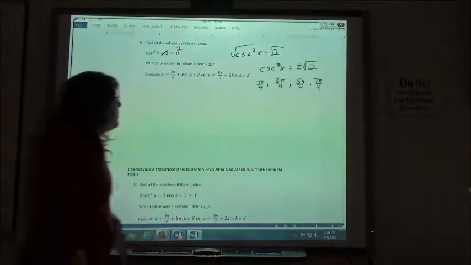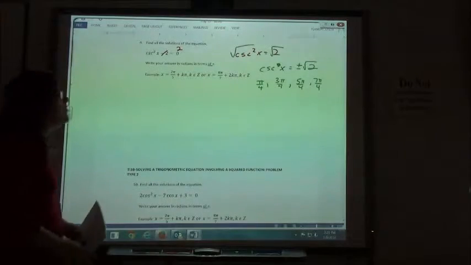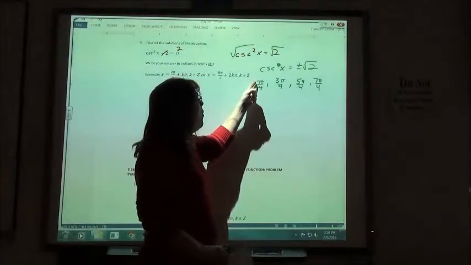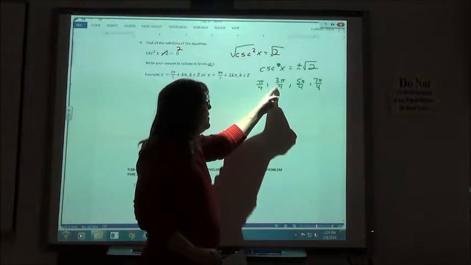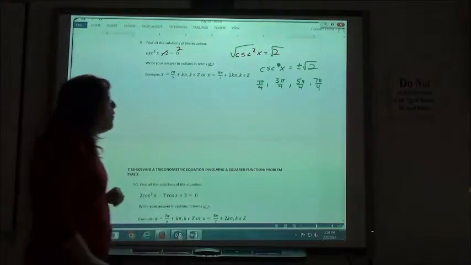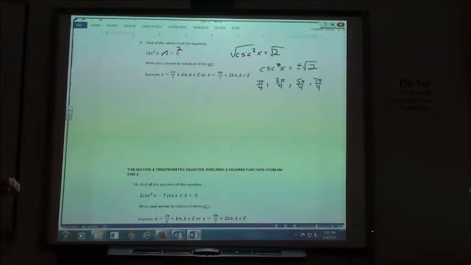Now normally I would have to put all 4 of them together, but if you notice, if I take 1/4 plus 1/2, I'm going to get my 3/4 pi. So what I'm doing is I have a 45-degree angle, and then I have my 135-degree angle, and then my 225-degree angle, then my 315-degree angle.